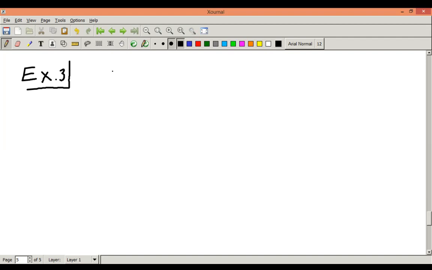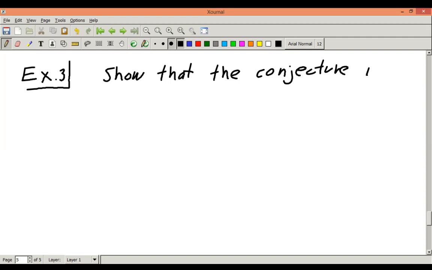And that is to show that the conjecture is false by finding a counterexample.